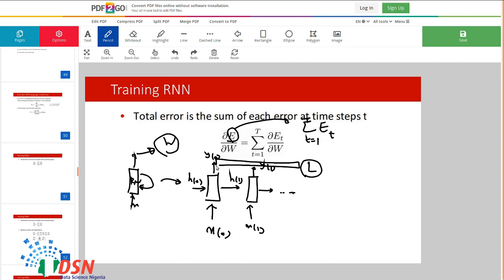At each time step we have an error, so we just add them up to get the final error, and then to calculate the derivative we could put the derivative inside this summation. This is what we should calculate in backpropagation.